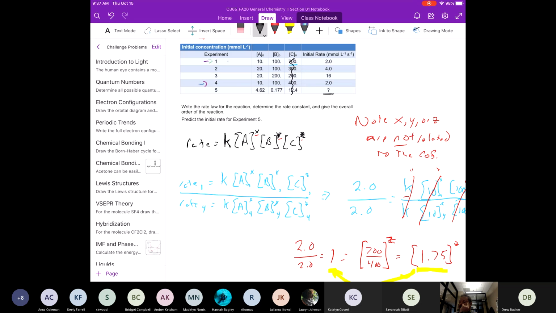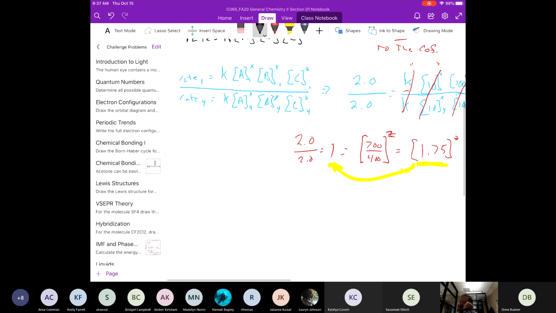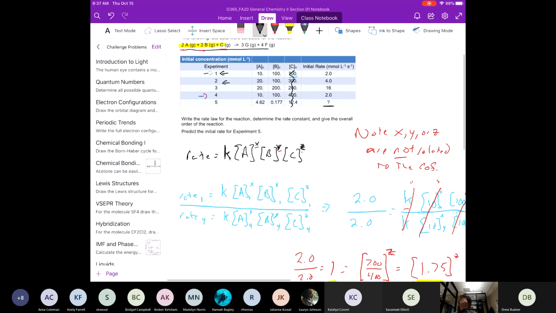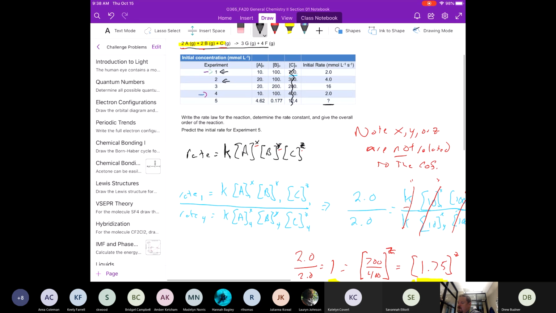Because whatever value that is, it's going to become 1 because we're raising it to a 0. Right? So now we want to find a place where A changes and B stays the same. So we're going to look at experiment 1 and experiment 2, right? A is changing, B is staying the same. We want the number that's larger on top because we like to work with whole numbers and not fractions. So we're going to put experiment 2 on top of experiment 1.